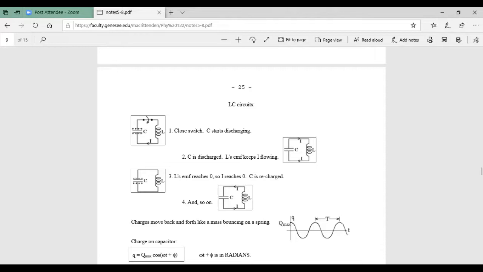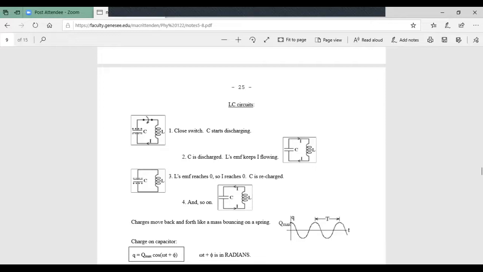And then at t equals 0, you close the switch. There's the switch up there. The arrow makes it look like it's just been moved. Like I was talking about a few minutes ago, pluses and minuses want to get together with each other. And so current begins to flow from the one plate of the capacitor to the other.